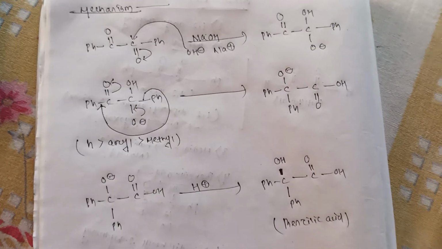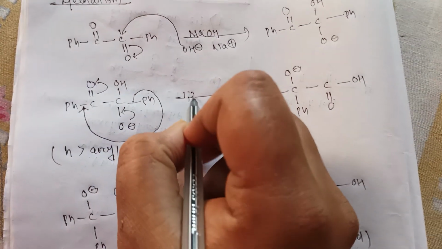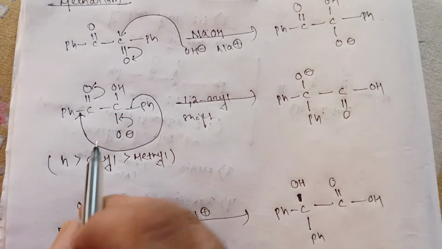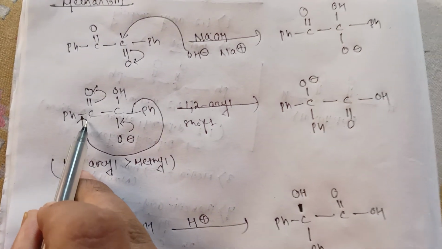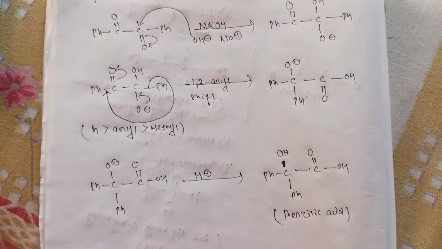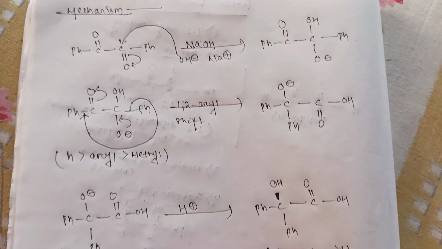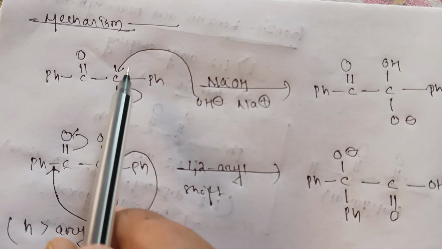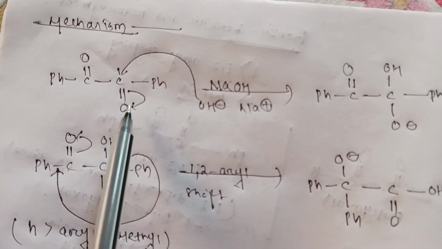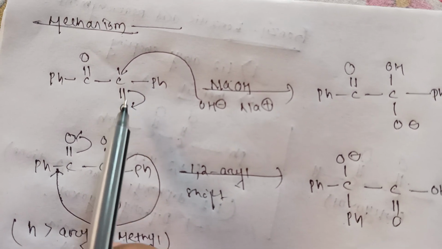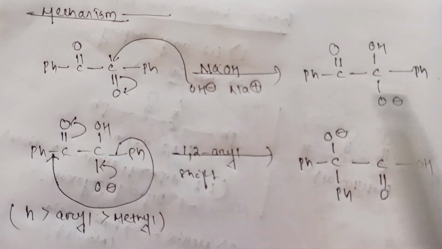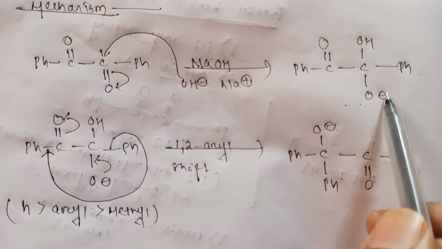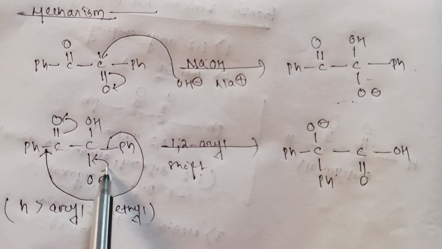This is a 3-step name reaction. It is a 1,2 aryl shift: from the first position to the second position, aryl shifting takes place. Let's recall the reaction mechanism. In the first step, OH minus attacks, this carbon becomes unstable, and the double bond shifts toward the oxygen. The oxygen gets negatively charged because of the extra electron pair, and it wants to become stable, so it donates its electrons to this carbon.